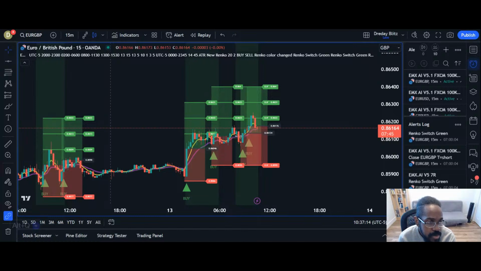So, for example, Euro GBP, I should expect a reversal going down eventually. It could happen tomorrow after news, or on Friday, or starting next week. So make sure of that.